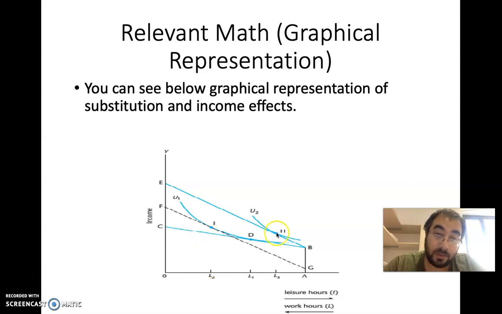The substitution effect in this case is L2 minus L1. Again, it is explained by the fact that leisure has become more expensive compared with the consumption goods, so we prefer to switch from leisure to the consumption goods because leisure is more expensive.